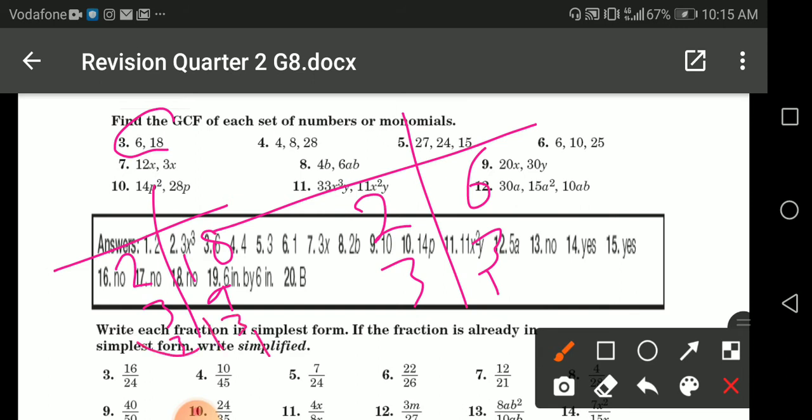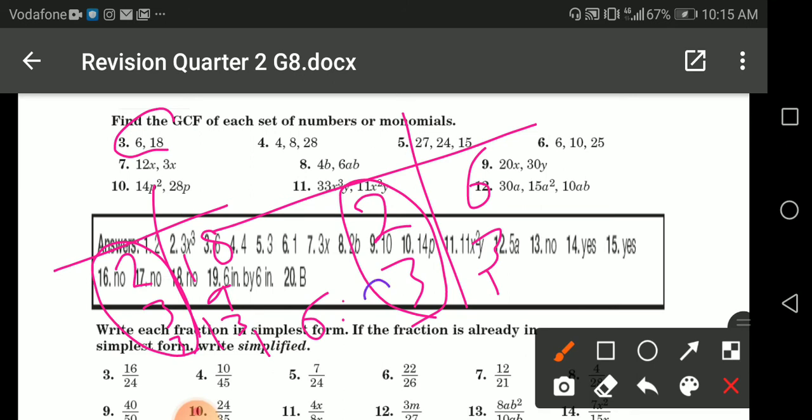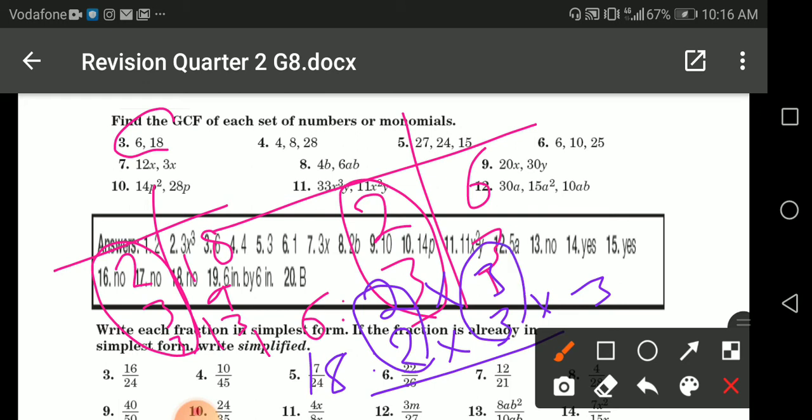The greatest common factor is the product of the repeated numbers only. So 6 equals 2 times 3, and 18 is 2 times 3 times 3. So what are the repeated here? 2 times 3. So the greatest common factor will be 6. 2 times 3 gives me 6.